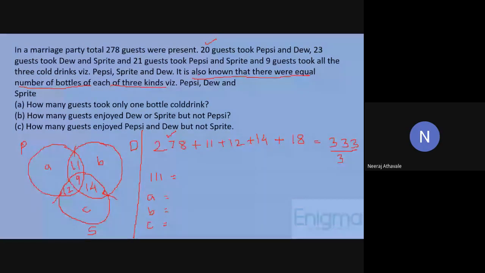Okay, correct. 79, 77, and 76. Perfect. Okay. I guess everyone has understood how we got ABC values.